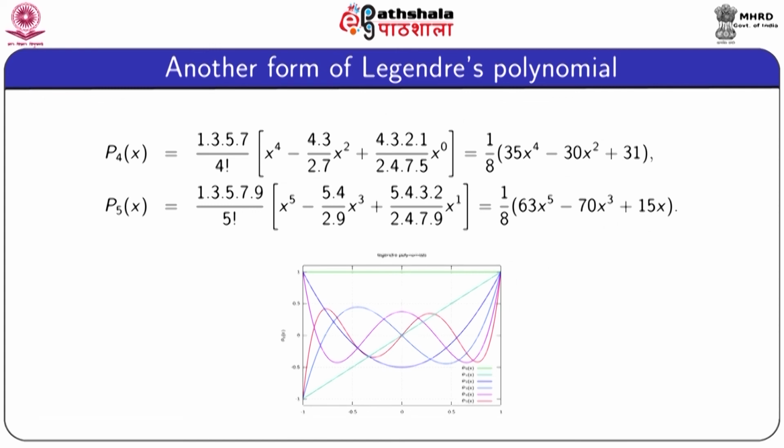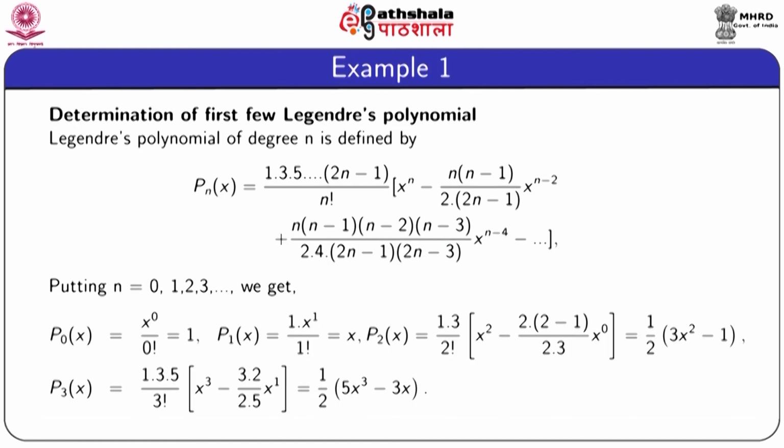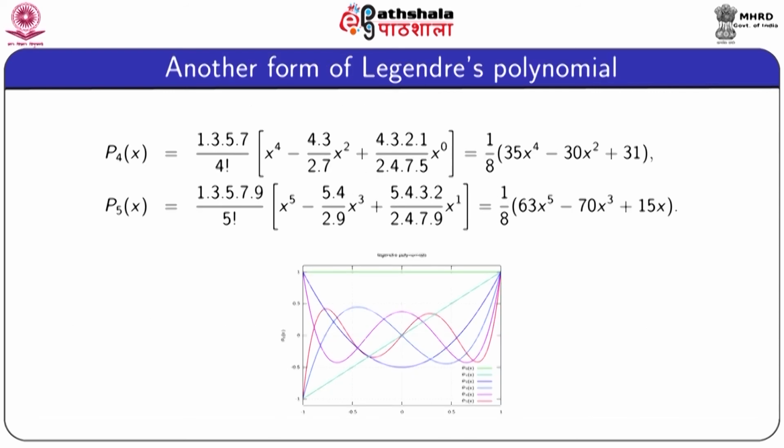If I now draw the graph here, this is what you get for the first 5 Legendre polynomials. For P0(x), it is just a straight line parallel to the x axis. For P1(x), it is equal to x, which is nothing but a straight line passing through the origin, making an angle of 45 degrees.